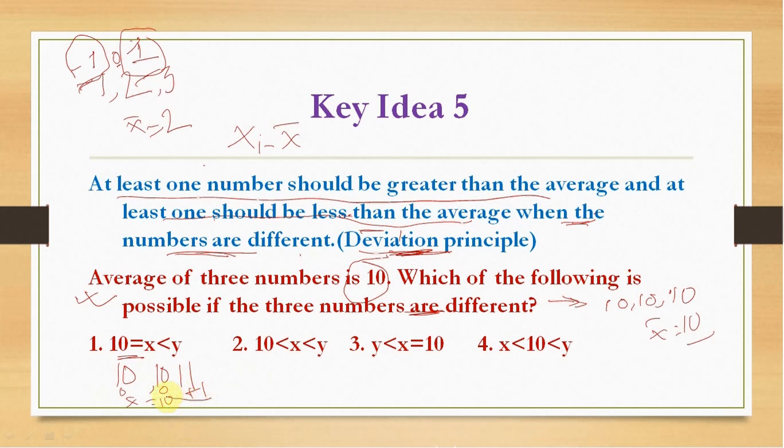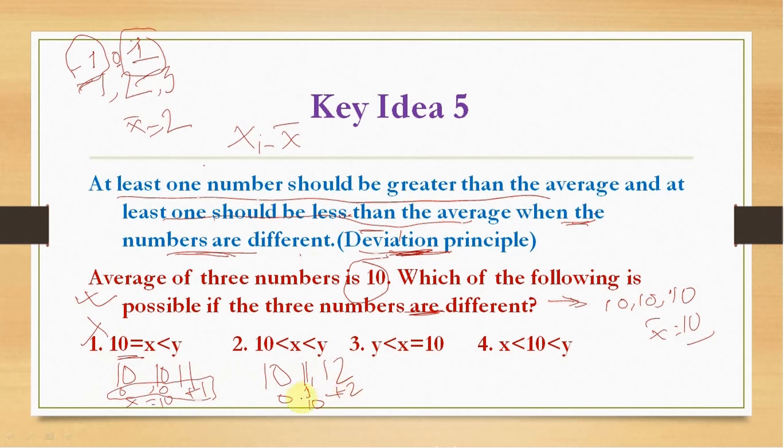So in this case, the sum of the deviation is not 0, or the positive deviation does not cancel out with the -1. So this cannot be our answer. So in this case, 10, 11, 12. So now again we take the deviation with mean. So deviation is 0, +1, +2.